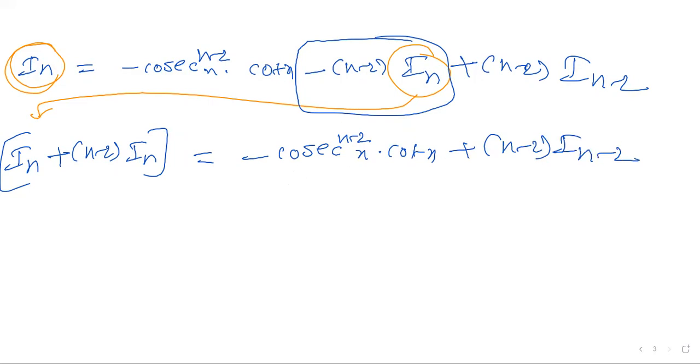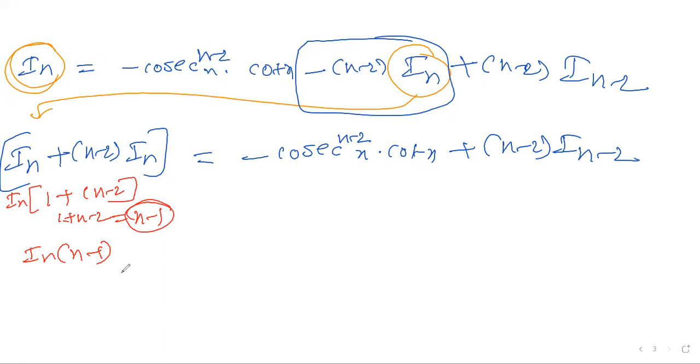After simplification, if you take In as common, 1 plus n minus 2 will come. So what is 1 plus n minus 2? Automatically the resultant value n minus 1 will come. So what is the answer here? In into n minus 1. But your requirement is what? You only want to calculate In, so directly I can write the answer here.